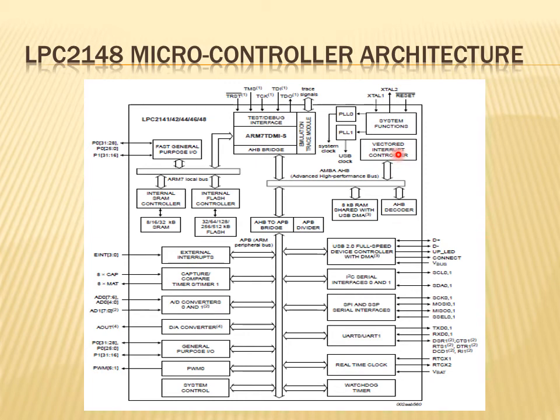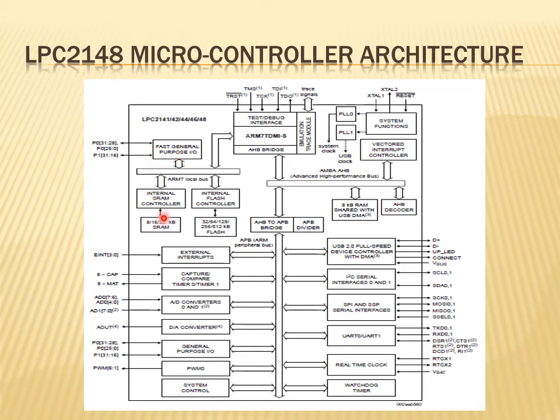Then there is the interrupt controller, a vectored interrupt controller block. Then there is the advanced high performance AHB decoder. Then there is RAM available. Then this section is the fast general purpose IO, related to the IO ports available in the LPC2148.